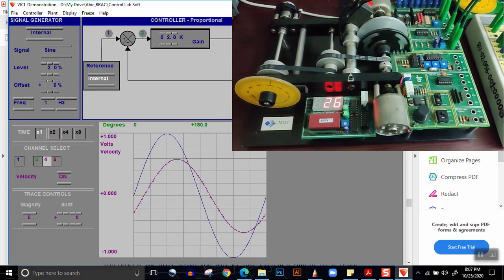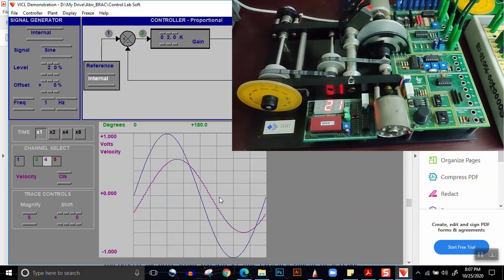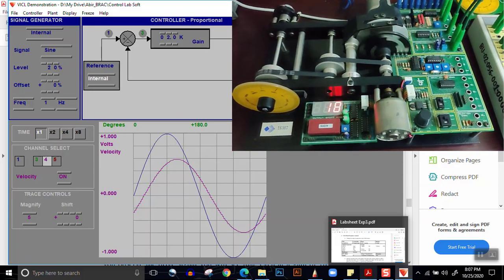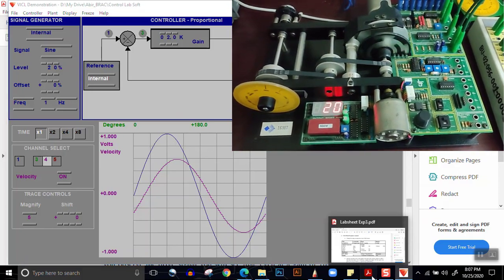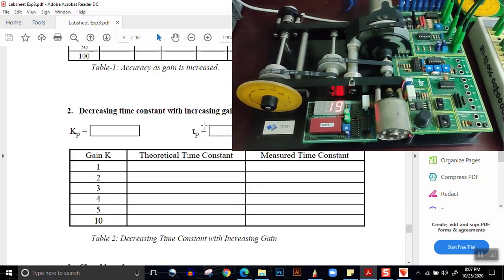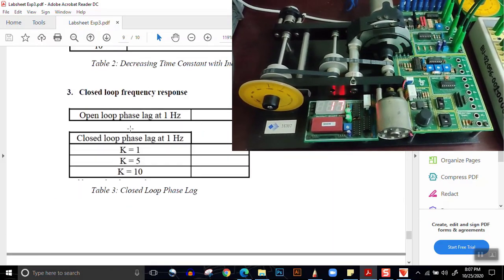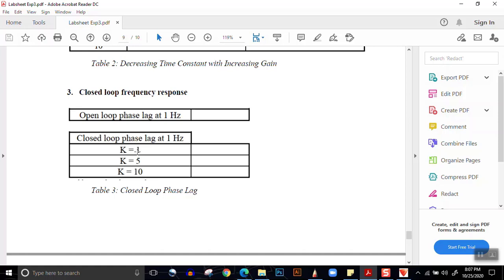Now, what happens is we have a sinusoidal input and we have a sinusoidal output. So we go to our data table, and in the data table we put k equal to 1. Open loop phase lag at 1 hertz is the phase lag at 1 hertz that we determined in experiment 2. We have that in the data table. The phase lag at 1 hertz, we'll write it here.